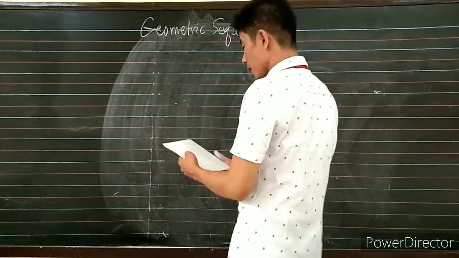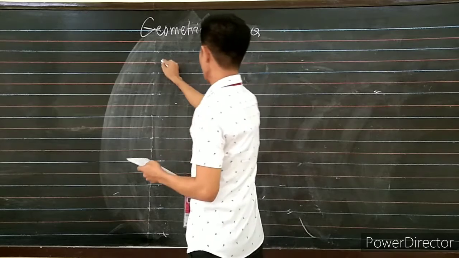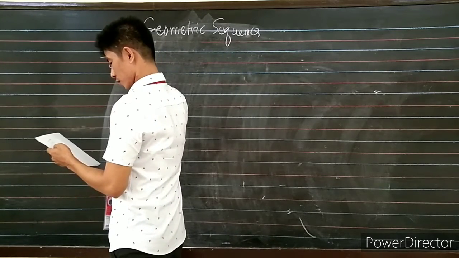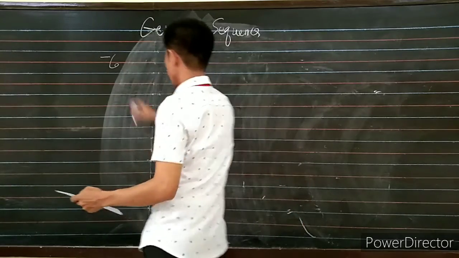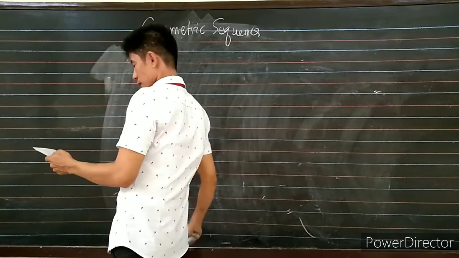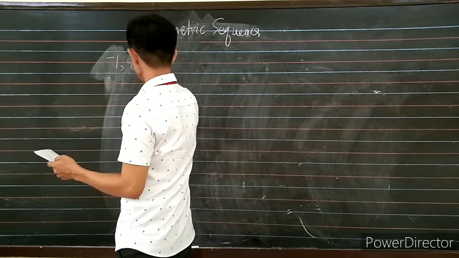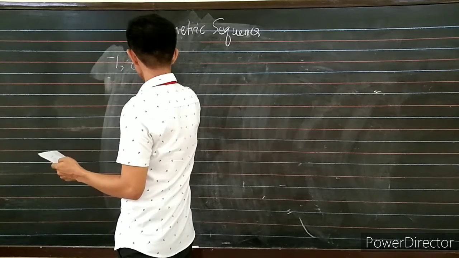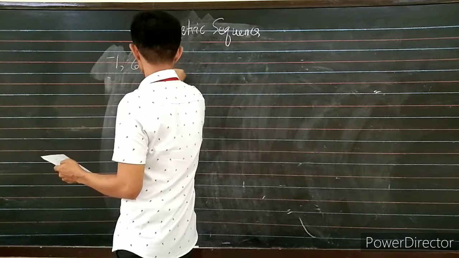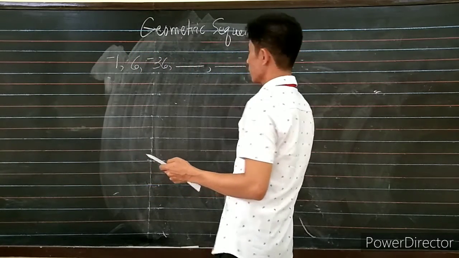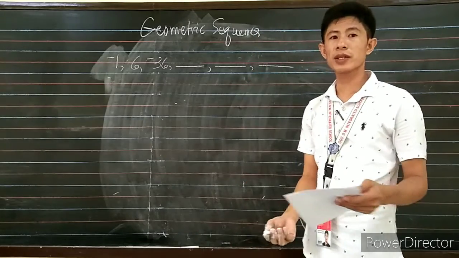Our next problem is negative 1, 6, negative 36, and we are going to find the next 3 terms.